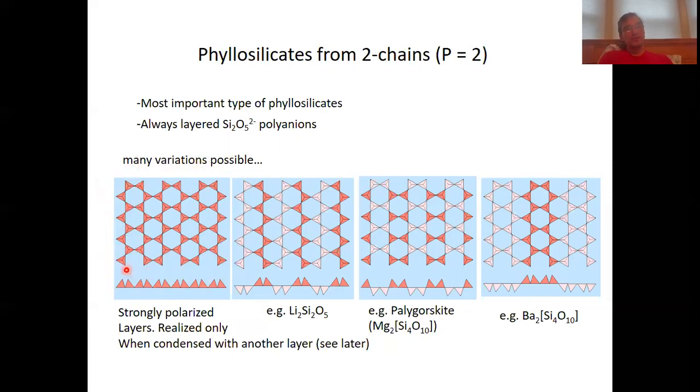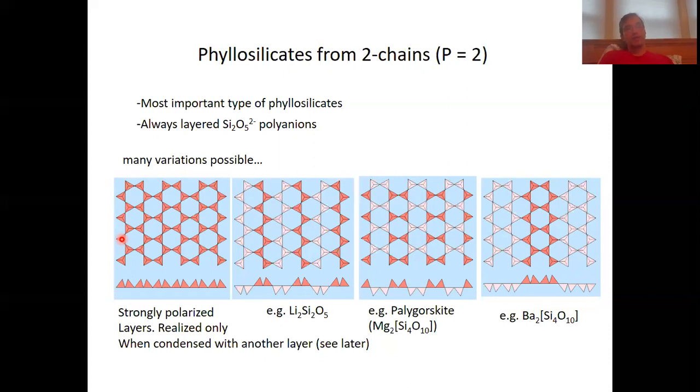You see first of all that you have these chains now having a periodicity of 2. That means that when we go in this direction, we have to go along 2 tetrahedra until we arrive at a tetrahedron which superimposes the original tetrahedron. Hence the periodicity is 2.